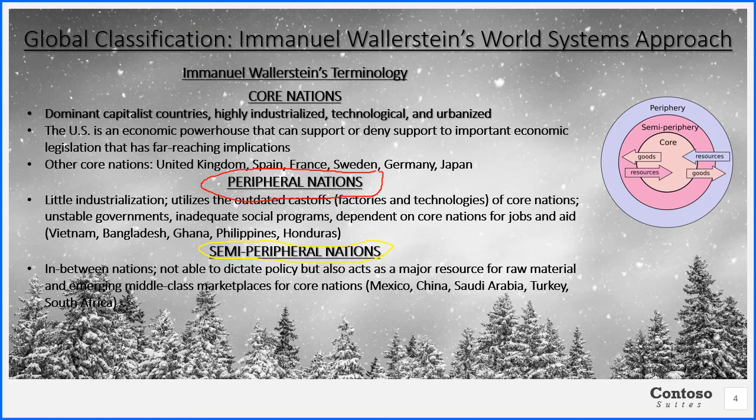So that's Wallerstein's perspective that definitely contrasts with modernization theory. He instead sees this system of the core, the semi-periphery, and the periphery as in a constant give and take of goods and resources, and a hierarchical structure.